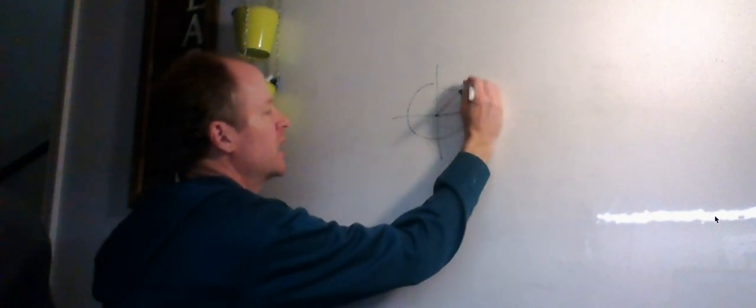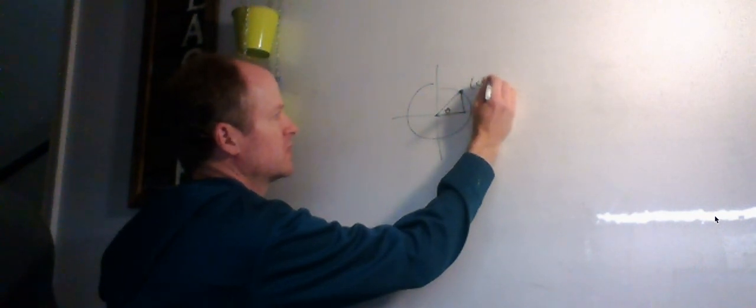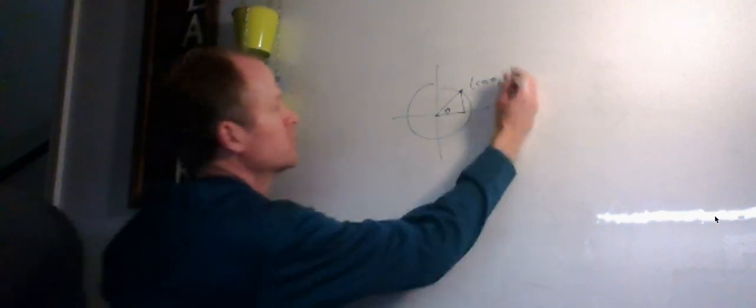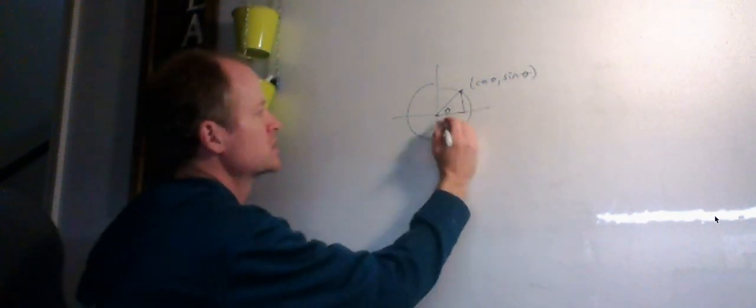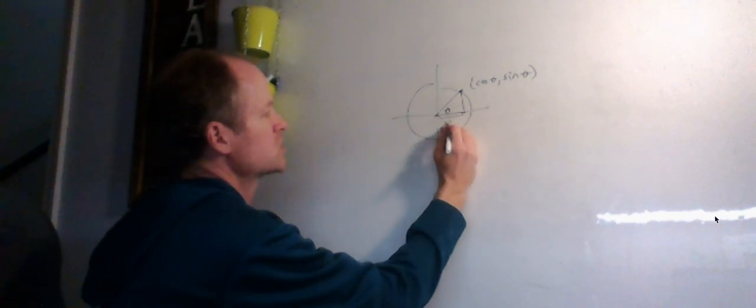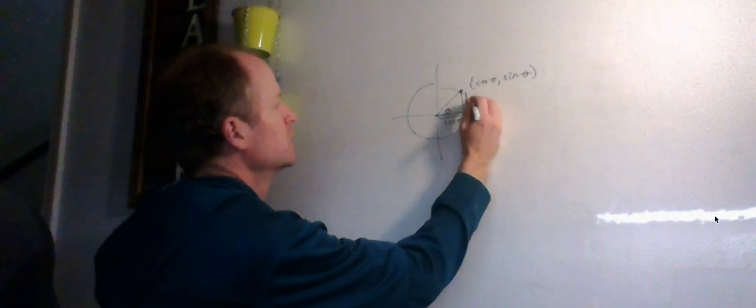We know that the x is the cosine of an angle, so we know this is cosine of theta. The y is the sine of that angle, so sine of theta is your y coordinate. So this side of the triangle is cosine of theta, and this side of the triangle right here is sine of theta.